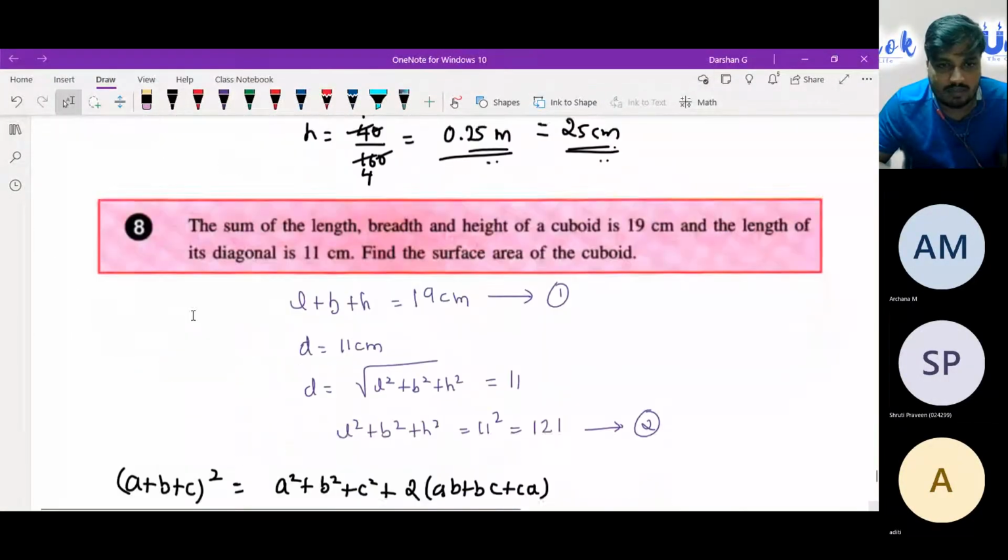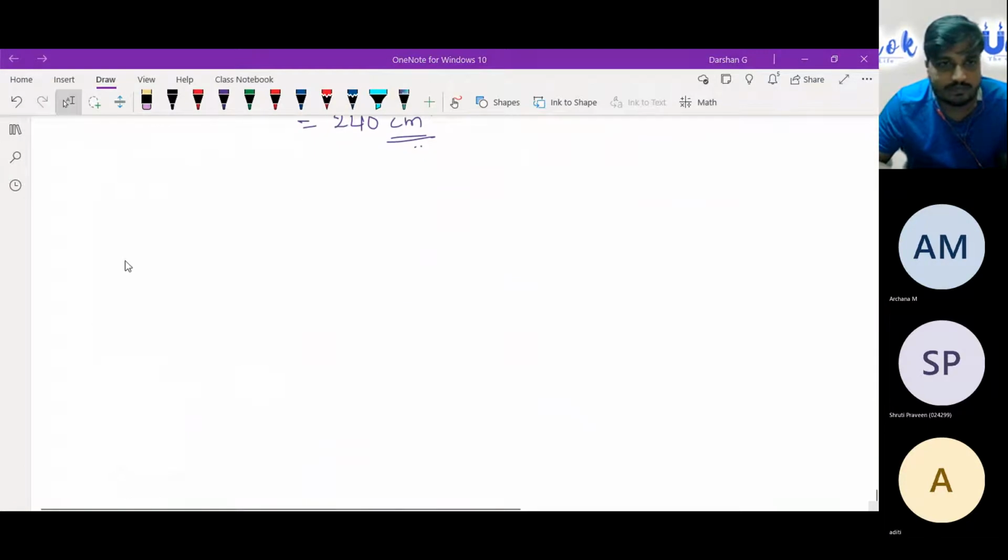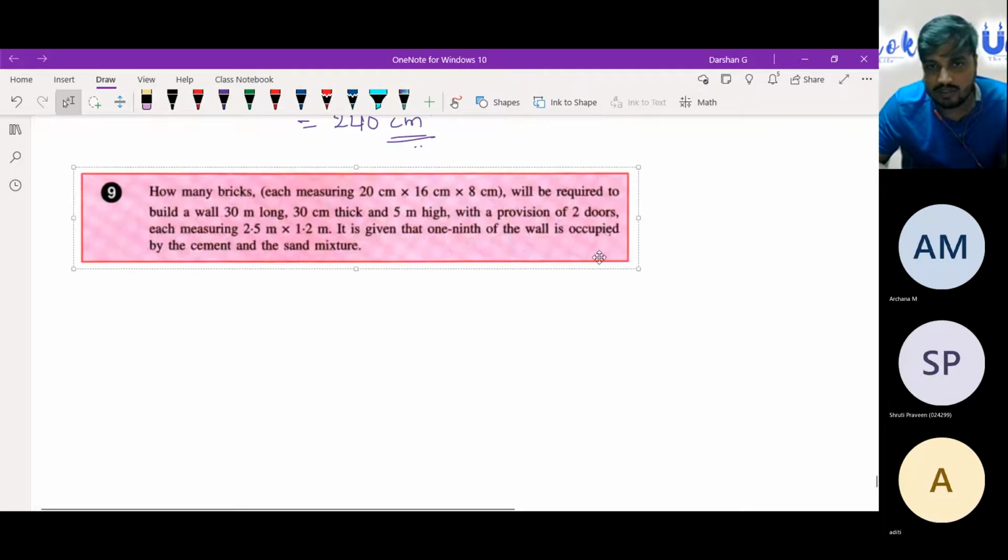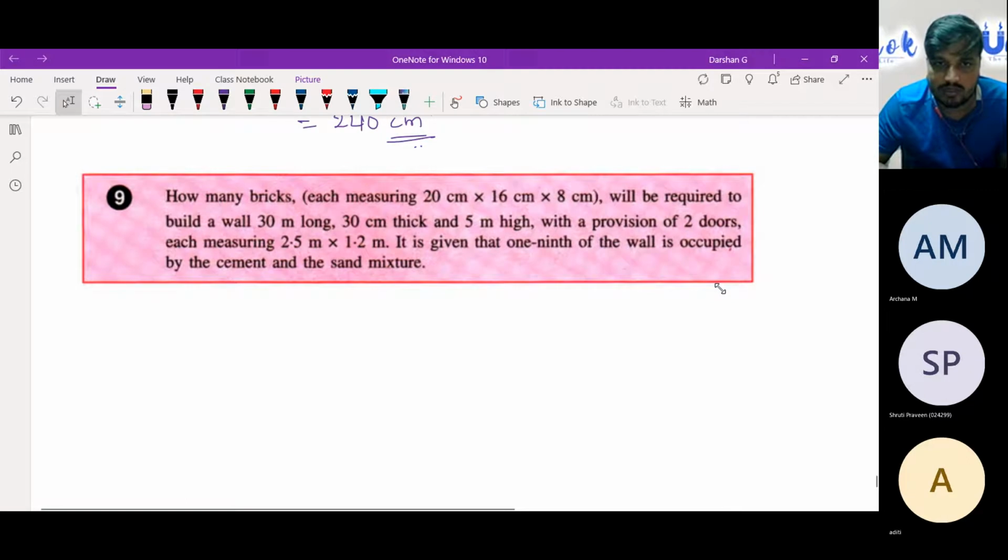So we had done the eighth problem. Let's move ahead with the next one. I'll be giving you some time so that you can understand the problem and try to do it by yourself. How many bricks, of size 20 centimeter, 16 centimeter, 18 centimeter, will be required to build a wall of 30-meter length, 30 centimeter thickness, and 5-meter height, with the provision of two doors, each measuring 2.5 meter times 1.2 meters?